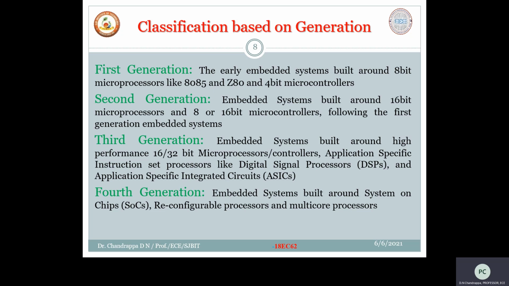In the third generation, they introduced both 16 and 32-bit microcontroller applications and application specific instruction set processors like DSP, digital signal processing, and ASICs, application specific integrated circuits. In the last generation, the fourth generation, SoCs, reconfigurable processors and multi-core processors. This is the classification based on generation.